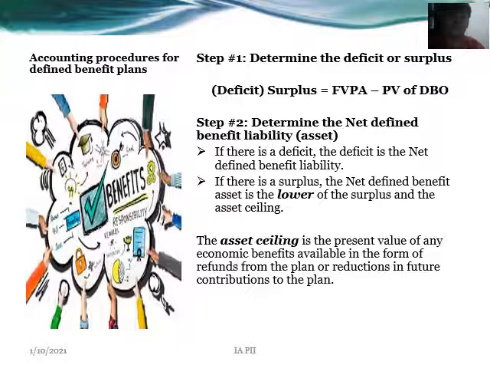While the FVPA, the fair value of plan assets, is the balance of the fund that the company has set aside to pay for retirement benefits. So, that is the balance of the fund that was set aside.